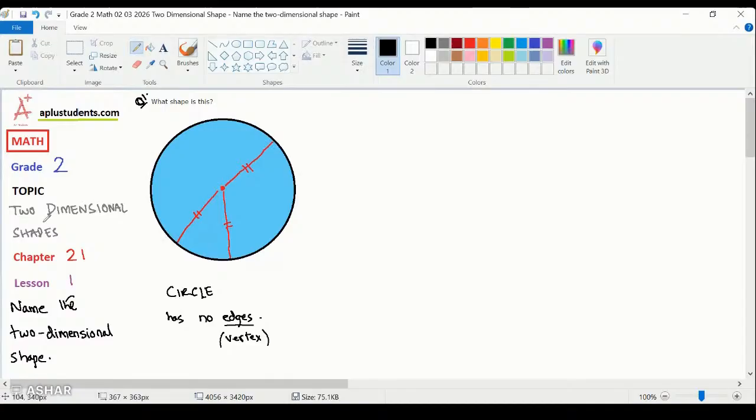so we know that this shape would also always be considered as a circle. For the next shape, a shape can have either no vertices, no pointed edges, or it can have a minimum of 3 pointed edges, right?